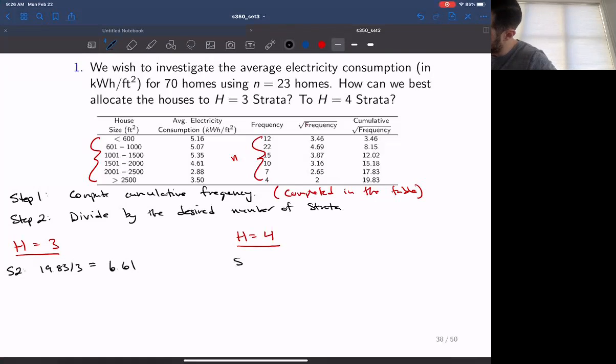And then for h is equal to 4, we would have 19.83 divided by 4, which is equal to 4.9575. Okay, now what we do is we take the value that we have found for each of the divisions in step two, and we use that to define the cutoff points for each of the strata.